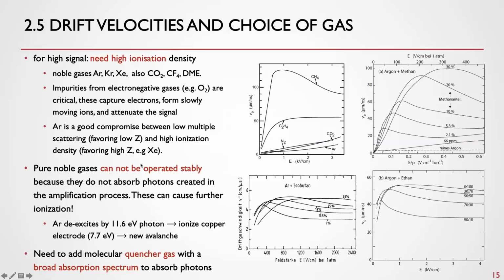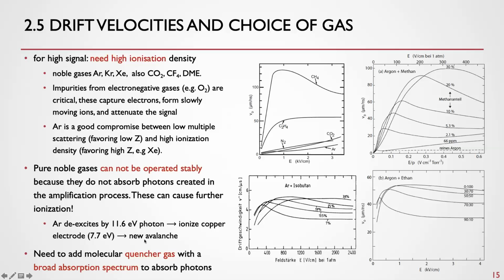If you happen to have a large ionization signal or a wire detector with avalanche formation, then the pure noble gases will recombine and de-excite. In this example, argon can de-excite to yield an 11.6 electron volt photon. That photon can hit a copper electrode that's somewhere in the detector. That energy is only 7.7 electron volts, and the photon doesn't lose anything.